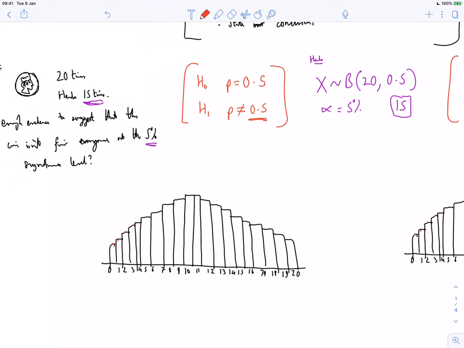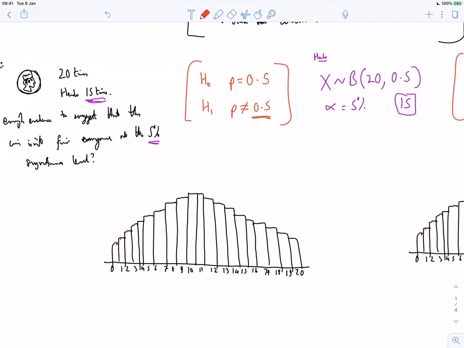The way I like to think of it is, if the probability has changed from 0.5, then I want to consider the most freaky probabilities and the least freaky probabilities. And what the significance level does is, if I'm checking between the lowest and the highest probabilities, then that 5% needs to be split in two so I can see the top 2.5% and the bottom 2.5%.